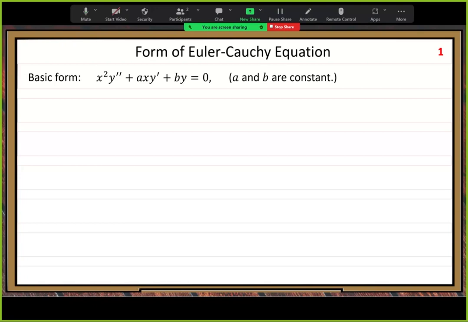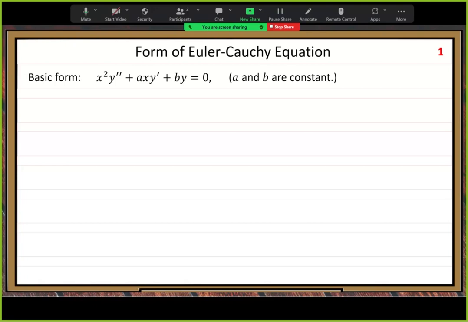Although it's not a standard form, you can write it in standard form, but because there is a special technique for this equation, we don't want to write it in standard form.